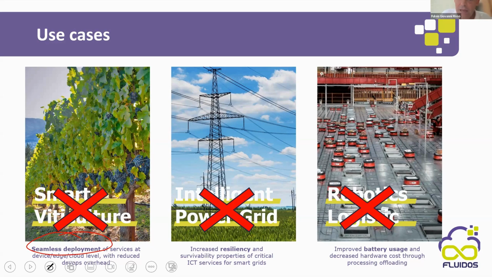It's better for him to run everything in the cloud if the network connection is good enough. But if this is not possible, some services have to be migrated at the edge. And this takes time and it costs engineers.